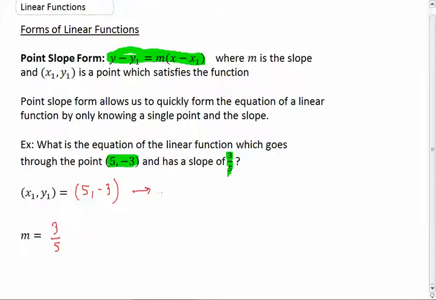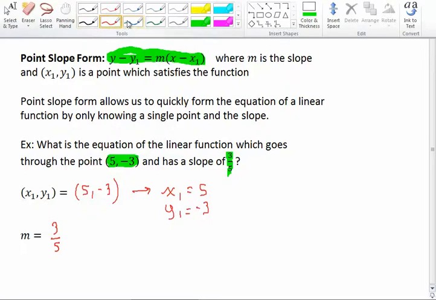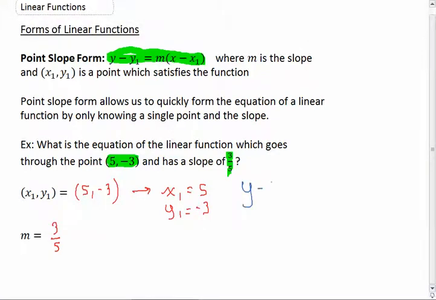So what this says is, what's the value of x1? So what value do we get? 5, yeah. And what's the value of y1? Perfect. So now we're just going to take these values and substitute them into our equation. So what we have is y minus y1 is equal to the value of m multiplied by x minus x1.